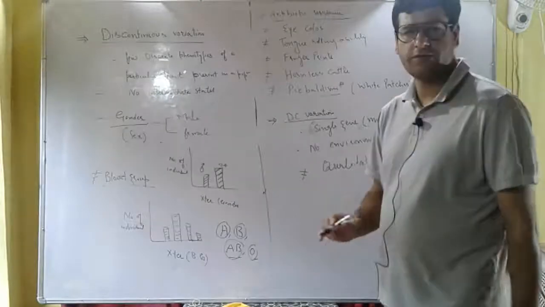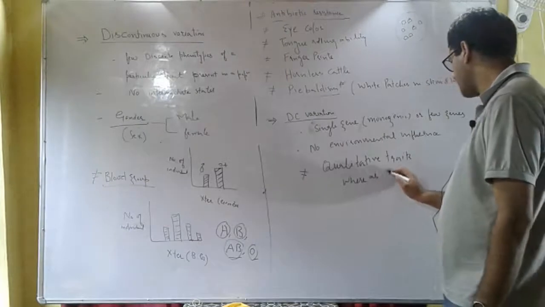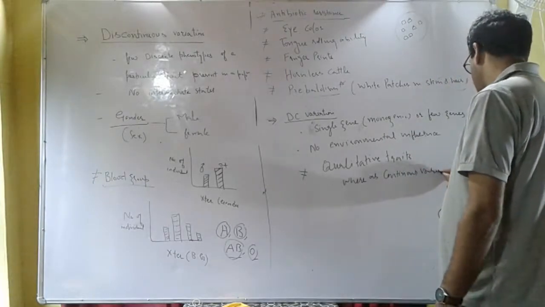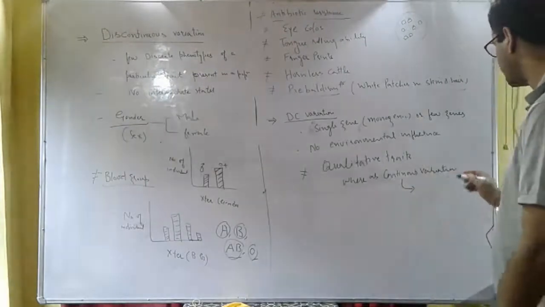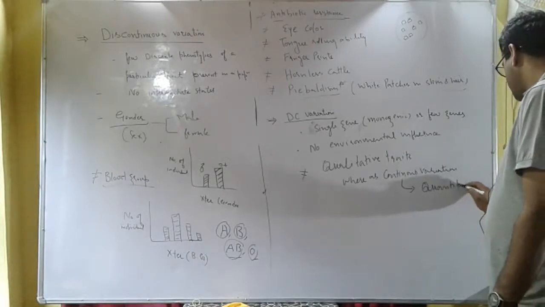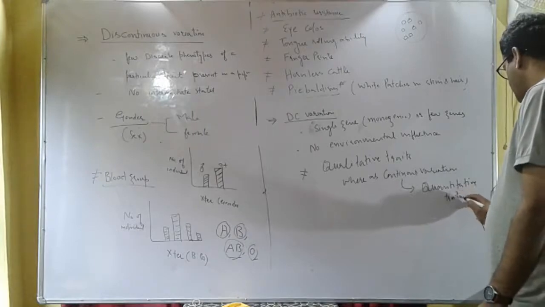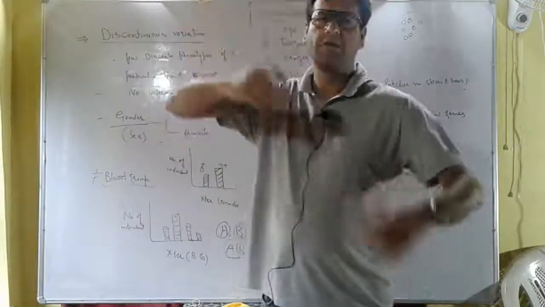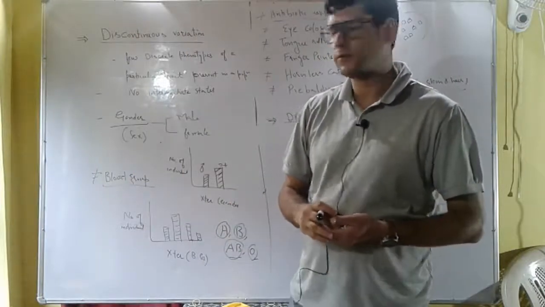Whereas continuous variation is associated with quantitative traits. Quantitative traits are those which are countable, which are measurable traits. For example, height, weight, these are quantitative traits.